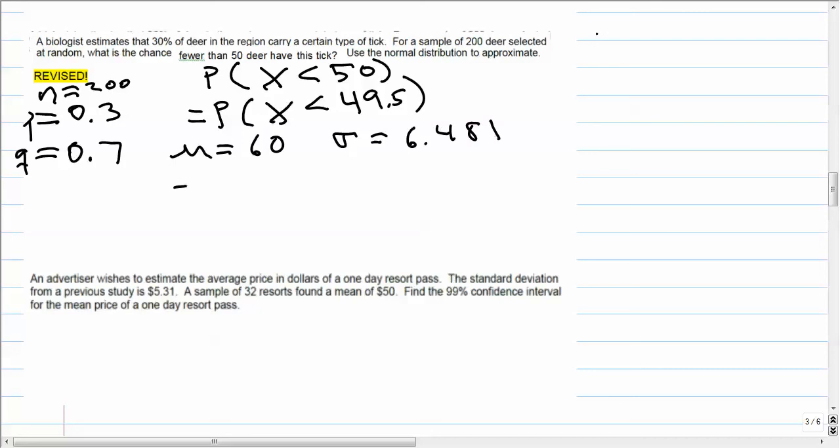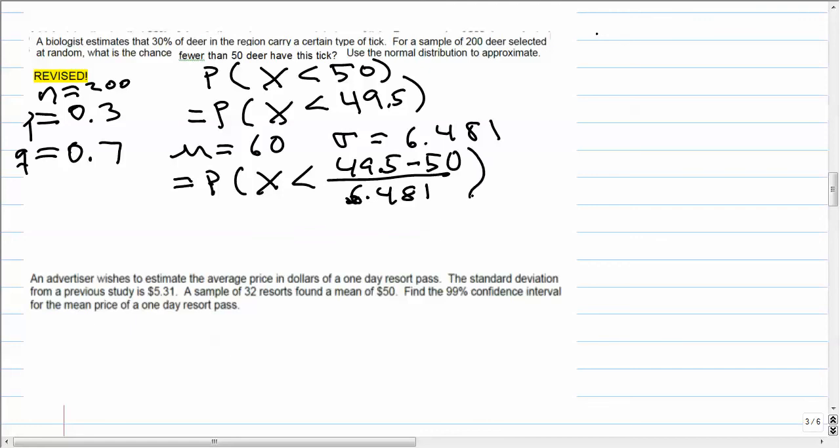I convert this to standard normal. I'm going to double check this one because I made a mistake on the last one. 49.5 minus 50 divided by the standard deviation. And let me see what this comes out to be.